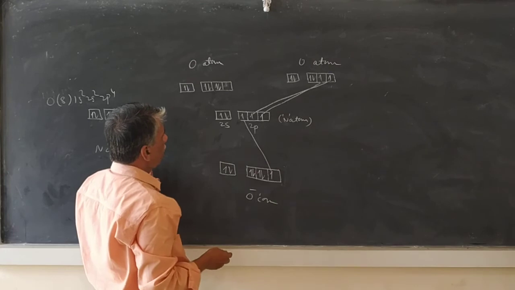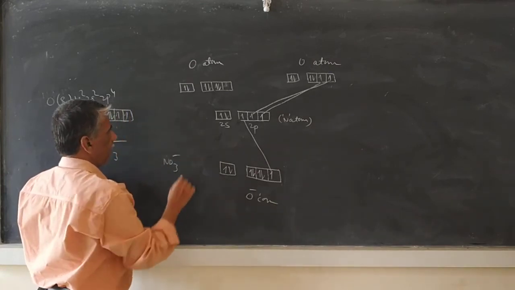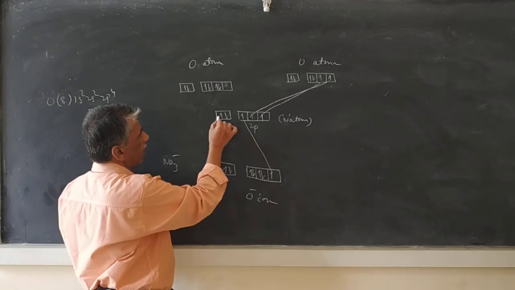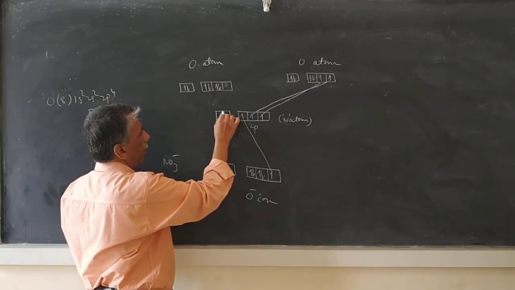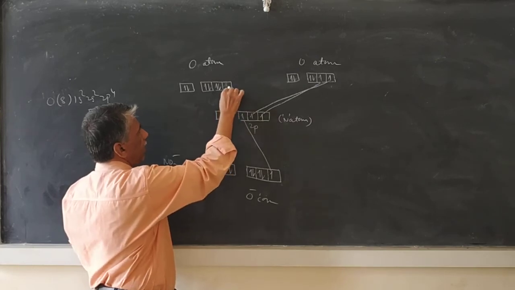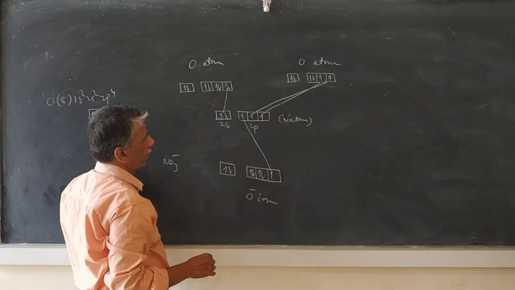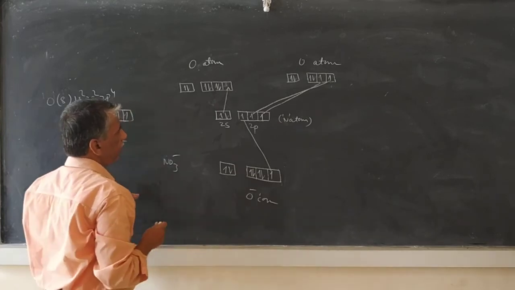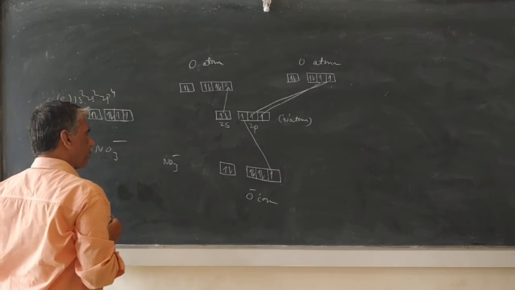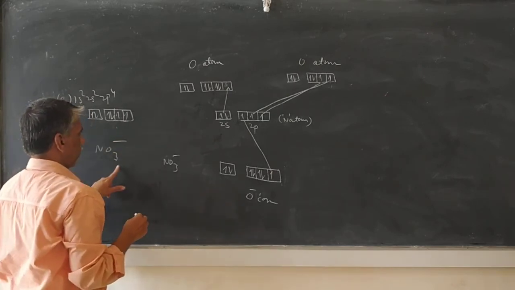So like this, you will get the NO3 minus ion, and this electron pair can combine with this empty orbital of the oxygen atom. So this is the explanation for the formation of the NO3 minus ion.